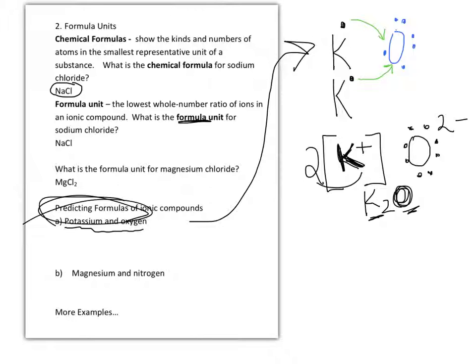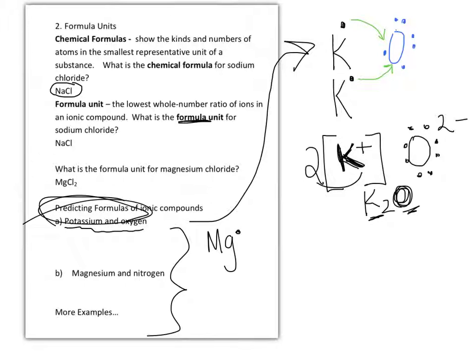Let's do one more, magnesium and nitrogen. Okay, so magnesium is in family number 2. I'm going to make it a little smaller. Magnesium, and feel free to pause right now and try it on your own.